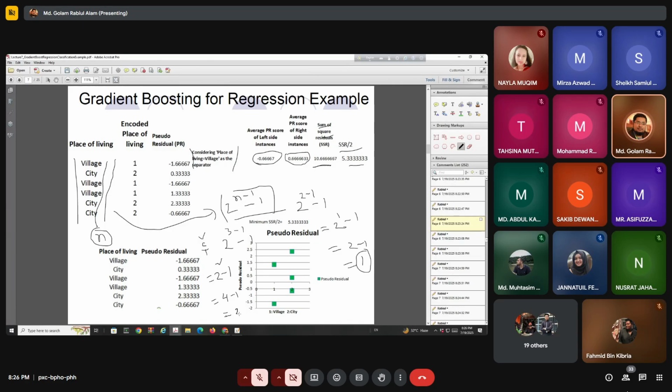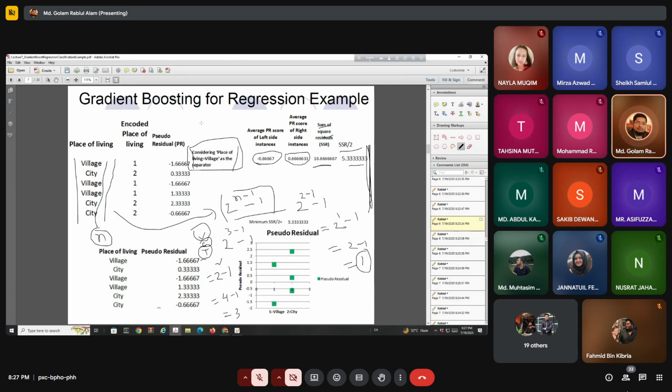Okay, so we need to consider three splitters like this. One time we consider place of living equal village, then place of living equal city, then place of living equal town, and then we have to compare the sum of square residual values, and see which one is the lowest. The lowest one means the better one, because the lowest error we got is from that splitter.